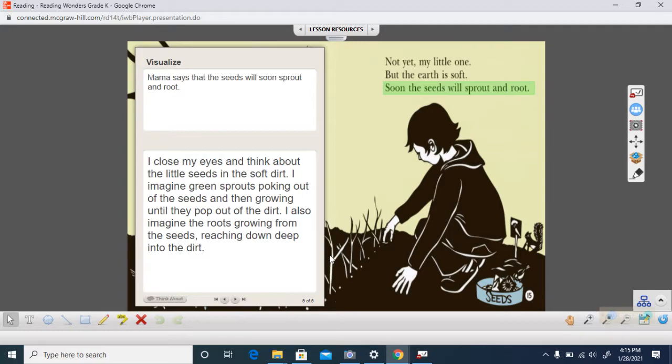Mama says that the seeds will soon sprout and root. I close my eyes and think about the little seeds in the soft dirt. I think about what I've seen happen in a garden. I can see the little green sprouts just poking out of the dirt, and they grow, and then they get two little leaves on them, but they don't really look like the real leaves of the plant.